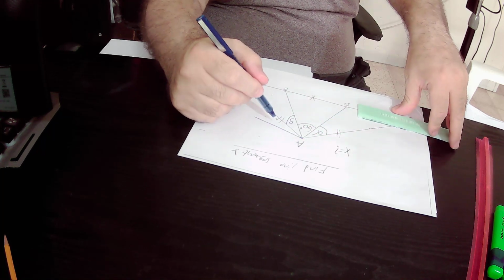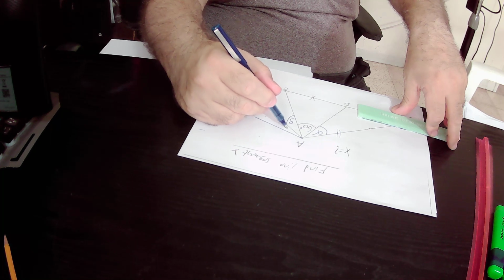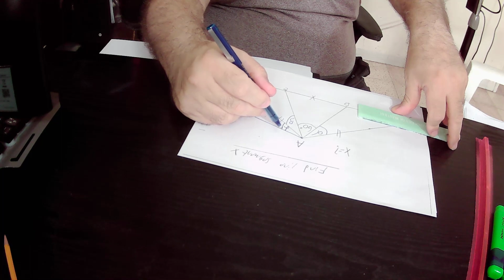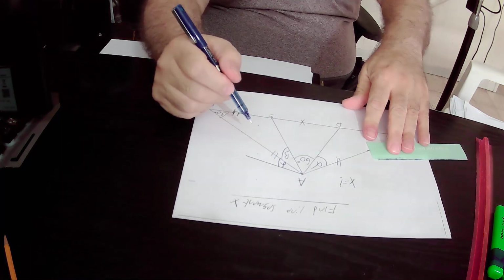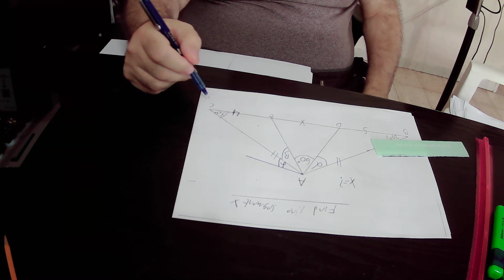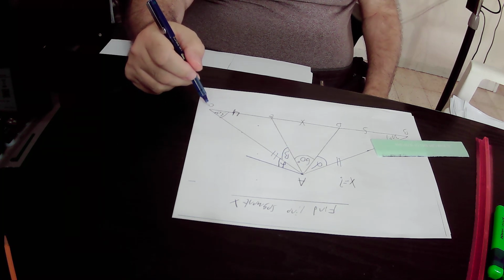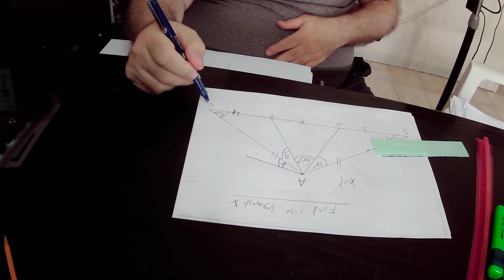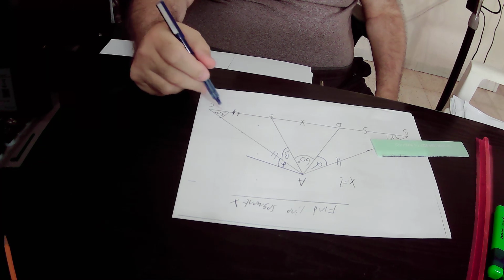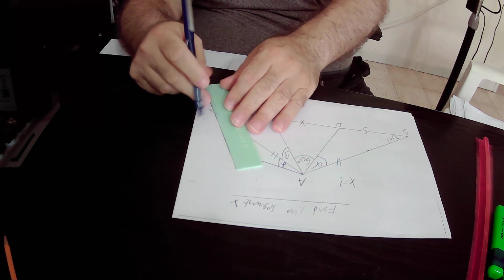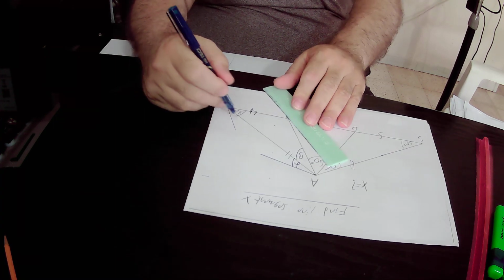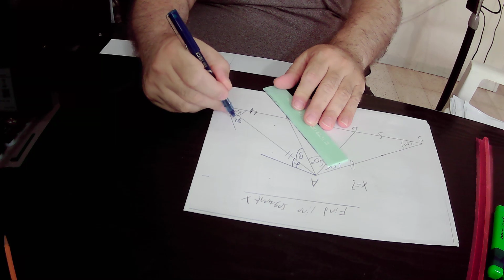So according to our construction, this angle equals alpha. The second construction is from point C, we will draw a straight line in such a way that the angle between the straight line and side CA will be equal to 30 degrees. So actually this angle equals 30 degrees according to our construction.